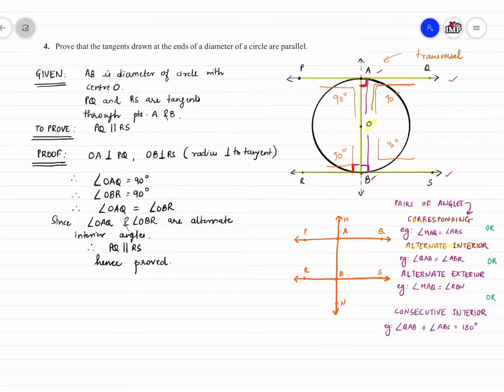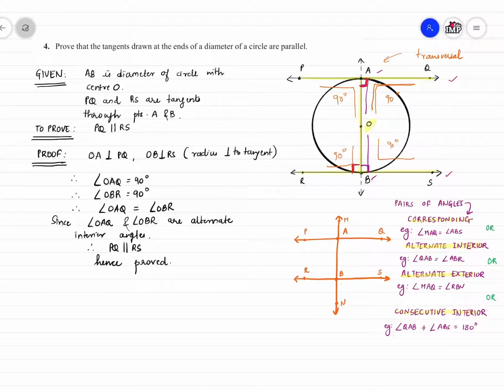Or you can find a pair of alternate exterior angles, or a pair of consecutive interior angles that is supplementary, and hence conclude that PQ is parallel to RS. So there are multiple ways of proving that these two lines that pass through the ends of the diameter of a circle are parallel to each other. You can use any one to prove it.